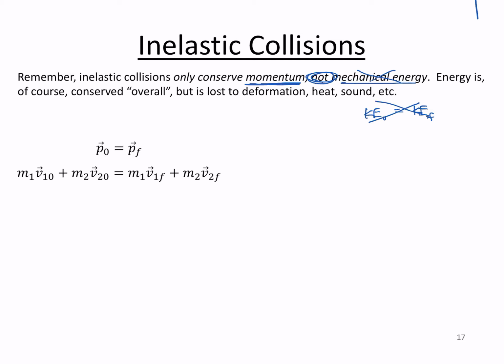So for inelastic collisions, the tool that we have available to describe what happens before and after a collision is limited to conservation of momentum. Okay? And conservation of momentum states that the total initial momentum of the system is going to be equal to the total final momentum of the system, from the instant just before the collision happens to the instant just after the collision concludes, and they bounce off of each other or stick together or whatever it happens to be.